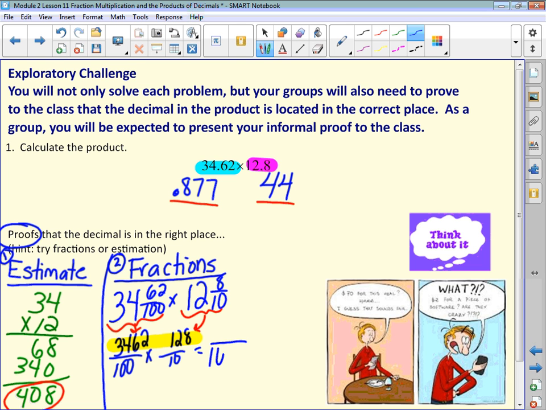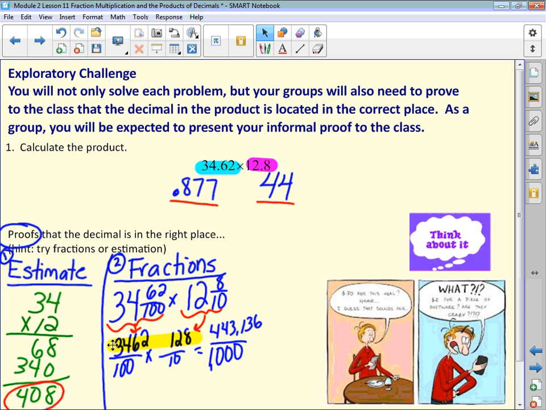100 times 10 is 1,000. So 3,462 times 128 is 443,136.